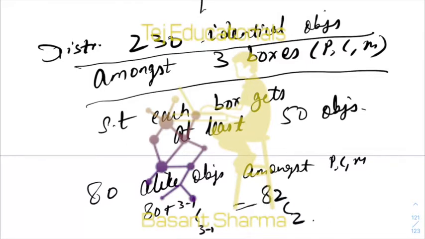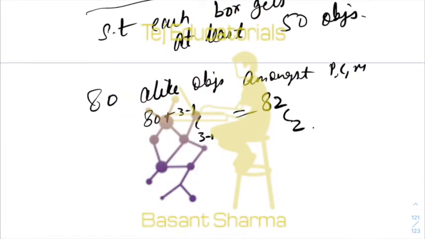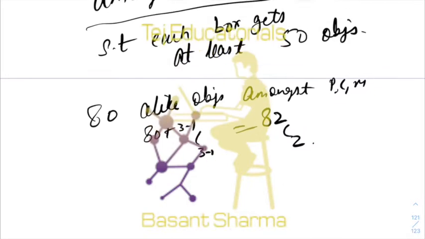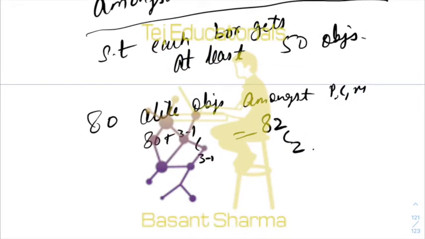But there is also an upper bound. There is an upper limit on the number of objects that a box can get, and that upper bound is 100. You see, 82C2 includes the case when, let's say, all the 80 objects go to box 1, say P. Then P will get 130 objects. But that is not a favorable situation, because P can take a maximum of 100.